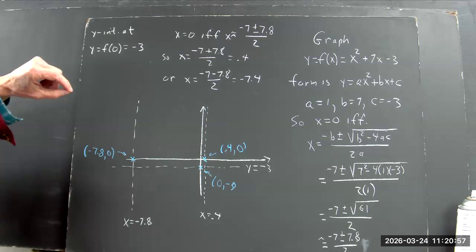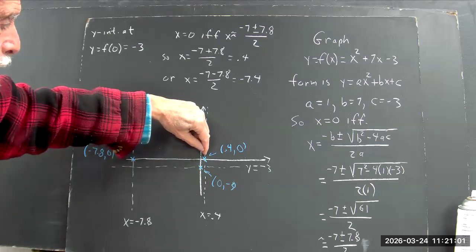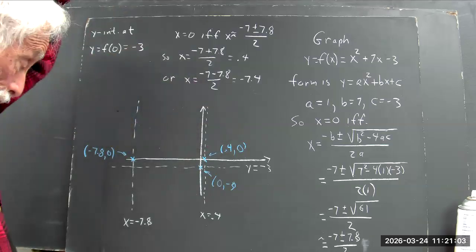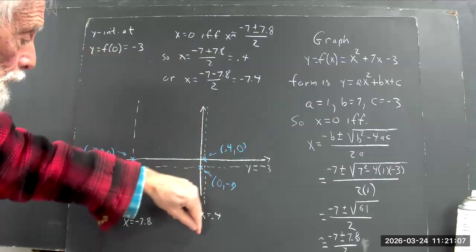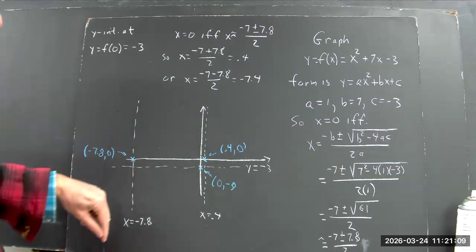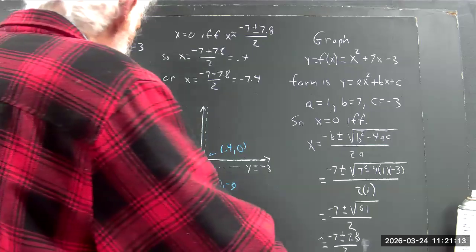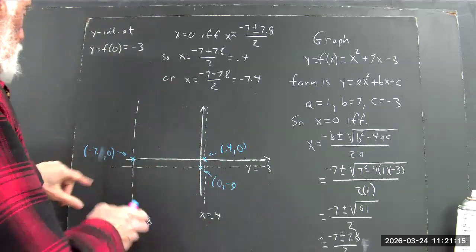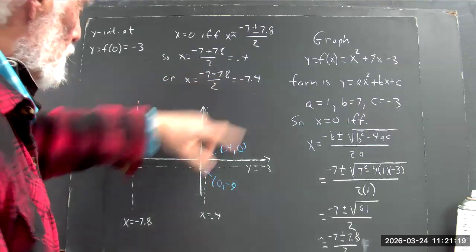The axis of symmetry will be halfway between the x equals 0.4 line and the x equals negative 7.4 line. And I mislabeled that. We figured that 0 would be at negative 7.4.